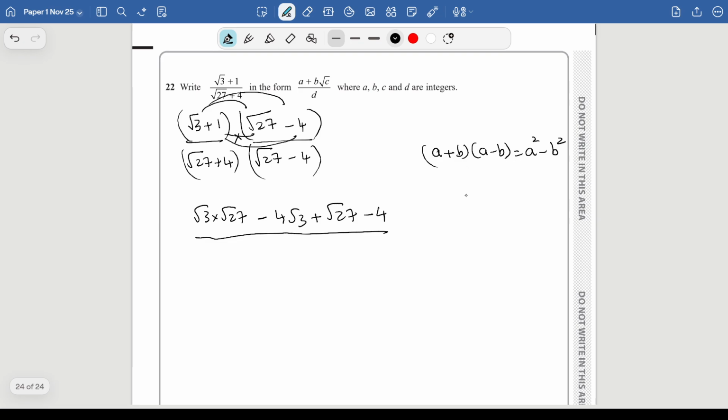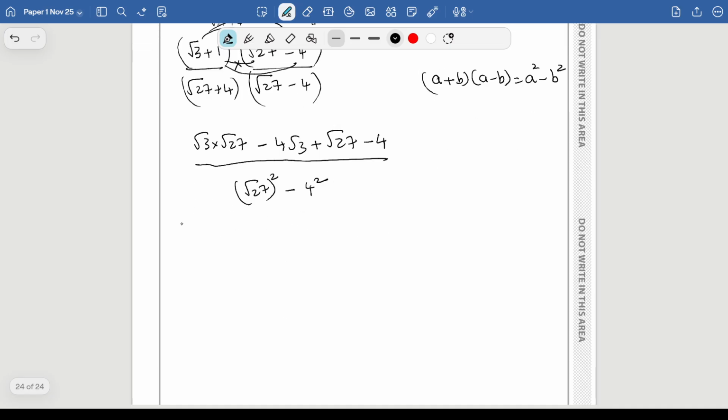So this will be root 27 squared, if that's a, minus 4 squared.